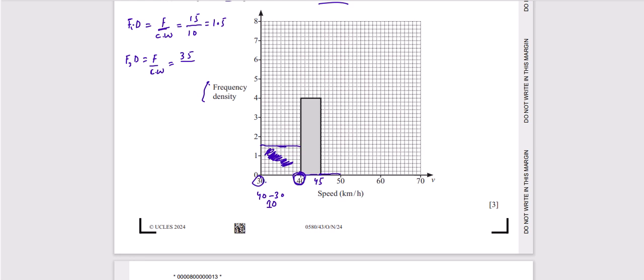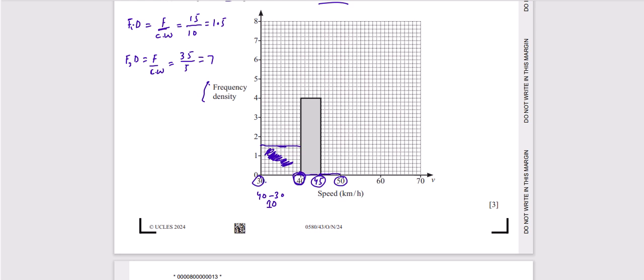The class width is 5. 50 subtract 45, that is equal to 5. 35 divided with 5, that is equal to 7. So the frequency density is 7.